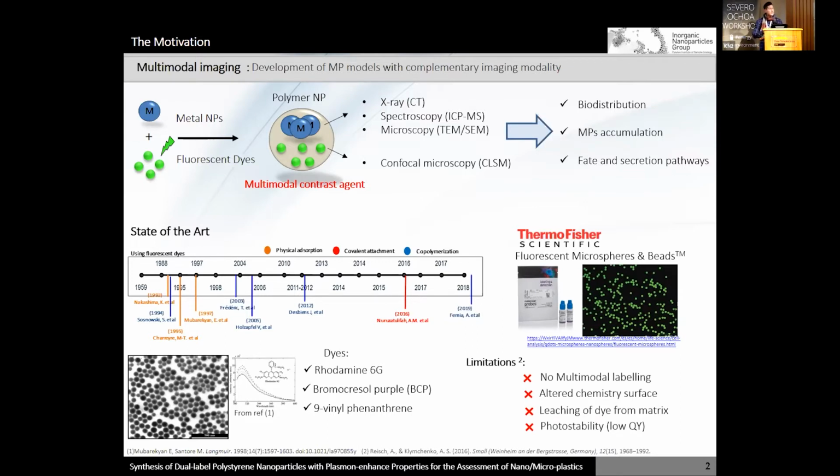Additionally, the dyes can be attached on the surface, which gives a different identity. Also, if the environment is harsh, there could be leaching of the dye from the matrix. And finally, the photostability could be affected because some of the dyes are pH dependent.